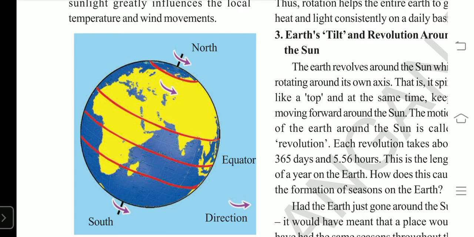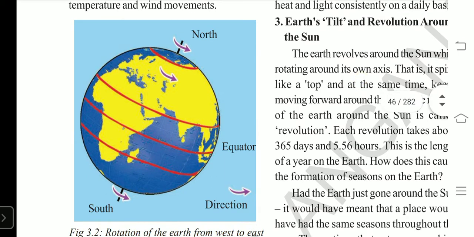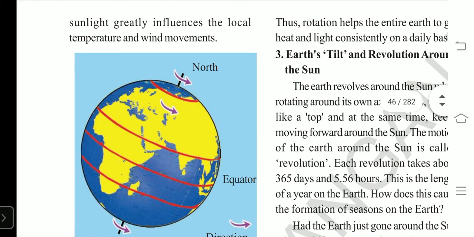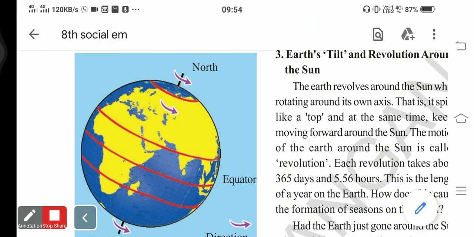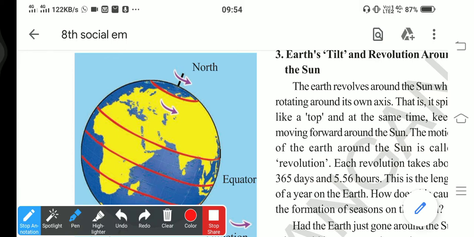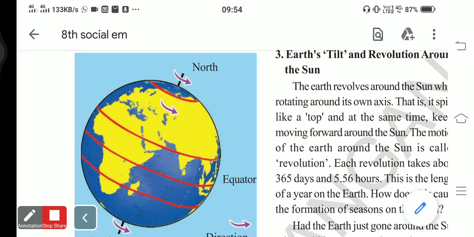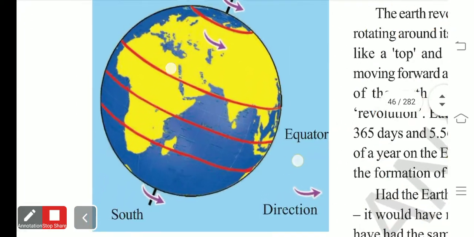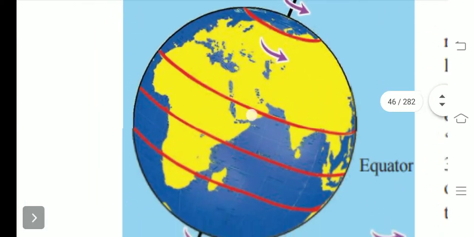And when sun rays fall diagonally, it covers a larger portion. Here you see, dear students, the large portion has to be covered. This is the area. If sun rays are falling here, I'll show you, this is our earth, right?